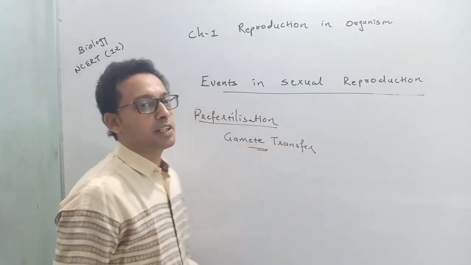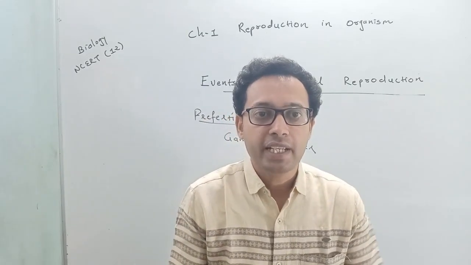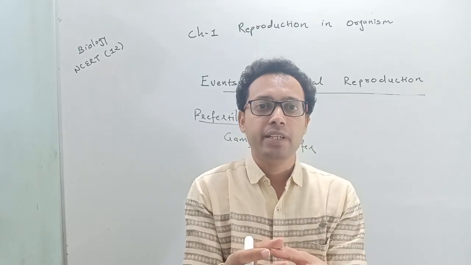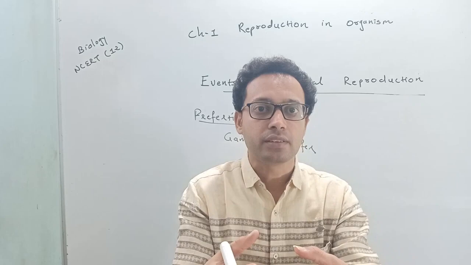You know sexual reproduction. In sexual reproduction the ultimate event is fusion of the male and female gamete. But to fuse together, the male and female gametes have to be brought together.